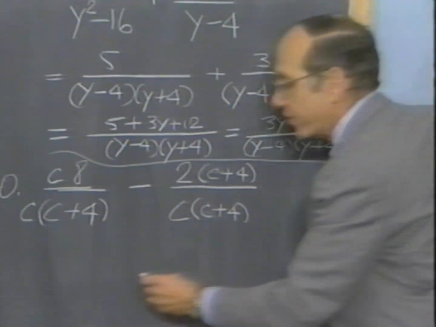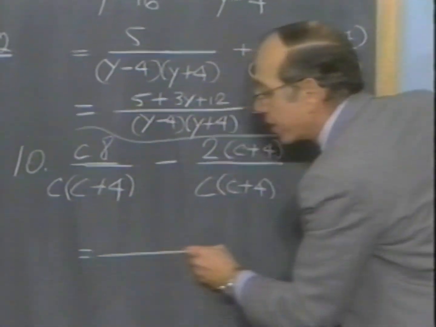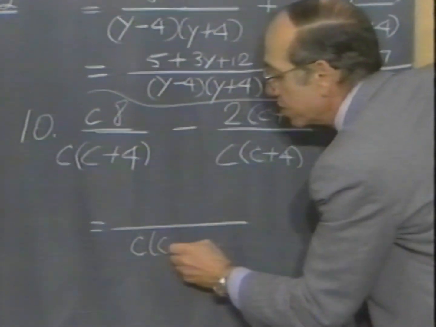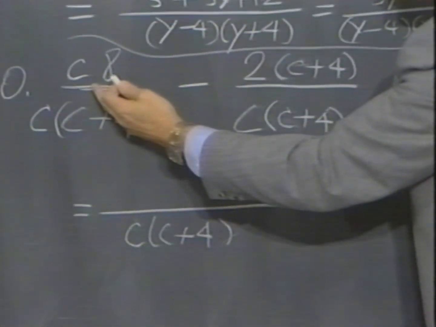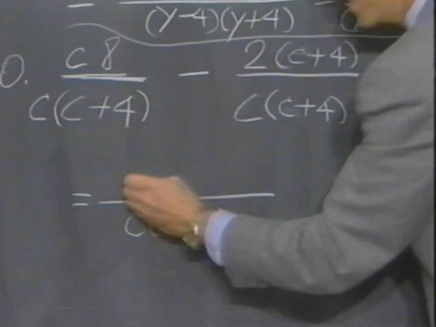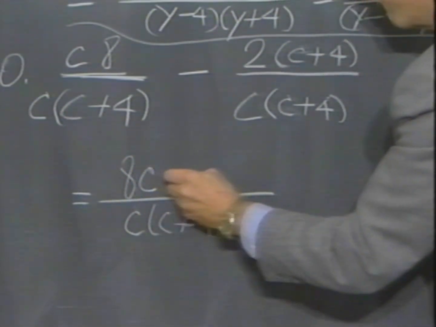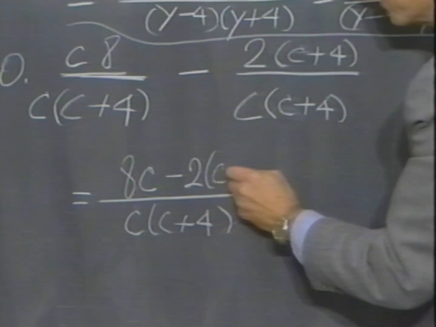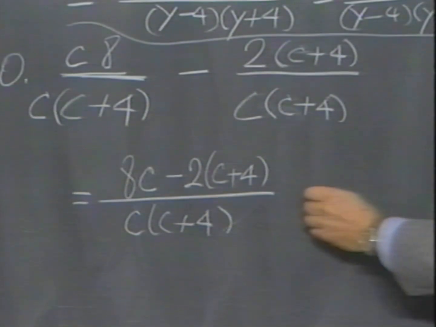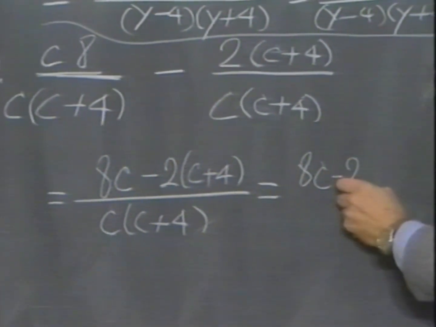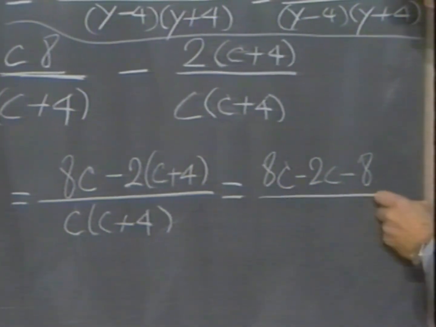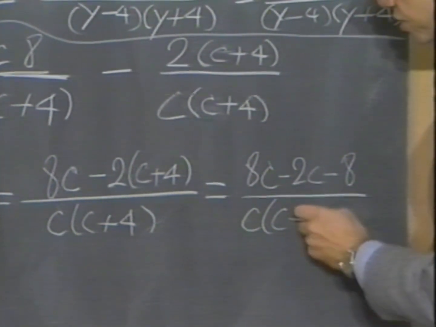Now you see we have a common denominator, a proper common denominator, c times c plus 4. And let's see what we have in the numerator. Here we have 8c, and here we have minus the quantity 2 times c plus 4. We remove parentheses. We have 8c minus 2c minus 8 divided by c times c plus 4.